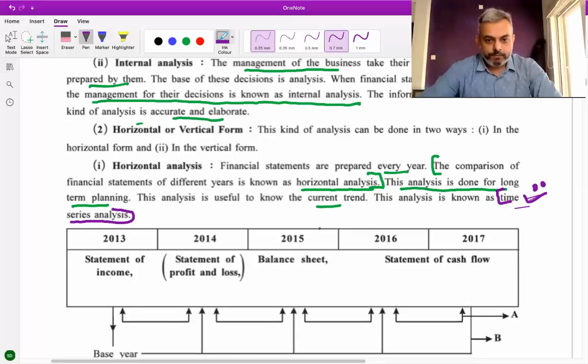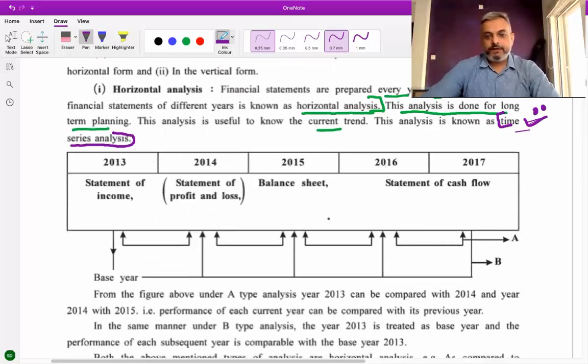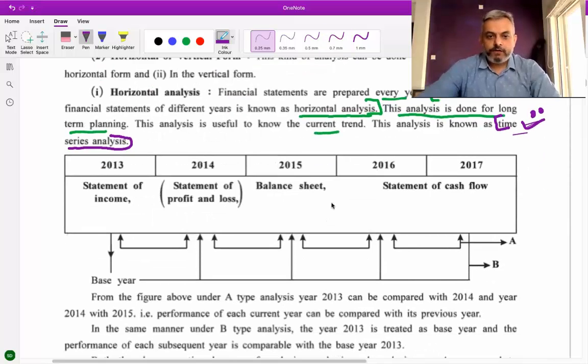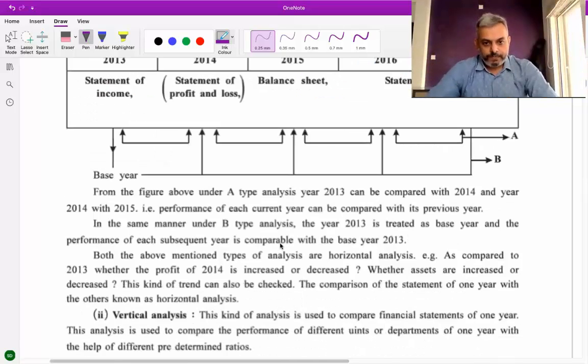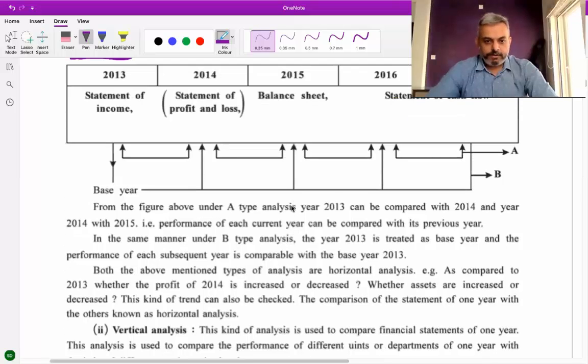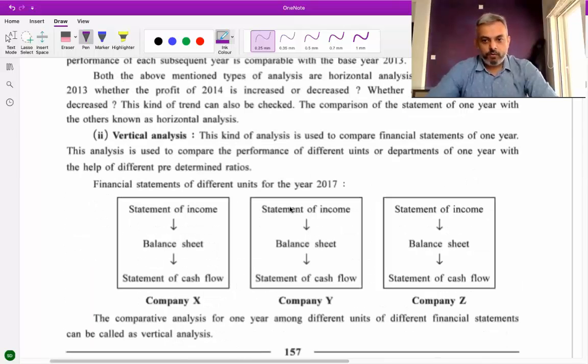Now you can see 2013, 2014, 2015, 2016, 17, various data is given and you are comparing year on year. So you are going this way. That is why it is known as horizontal. Let's not get into further details. We go to vertical now. Just a minute.